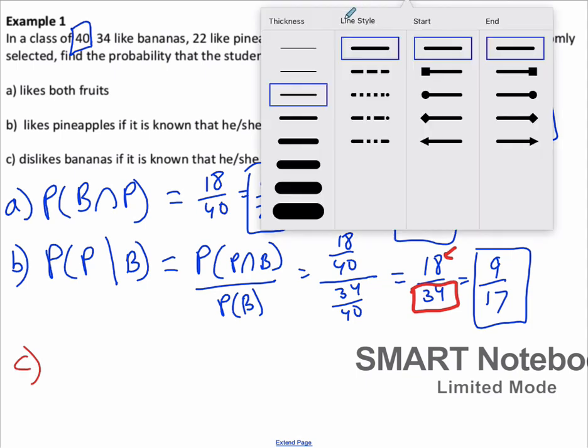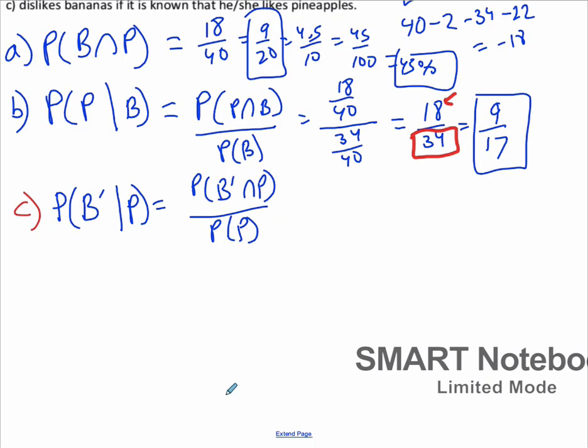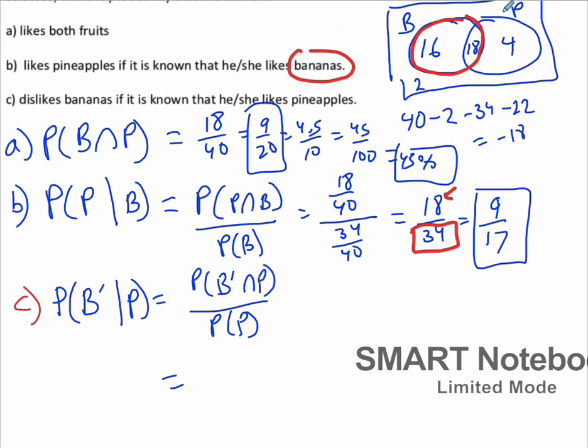So for part C, it is the probability he or she dislikes bananas given that he or she likes pineapples. So it's the same as probability of not B and P divided by probability of liking pineapples. So that equals probability of not liking bananas and liking pineapples. That's the 4. 4 people like pineapples and don't like bananas. So that's 4 out of 40 is that probability. And the probability of liking pineapples is 22 out of 40.